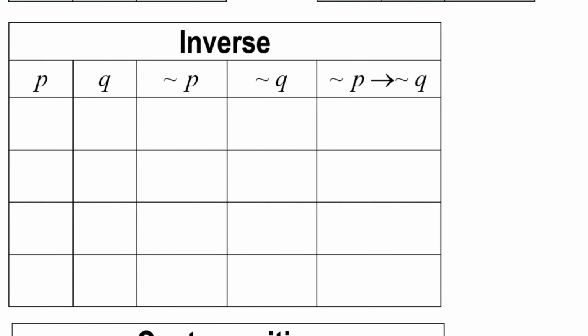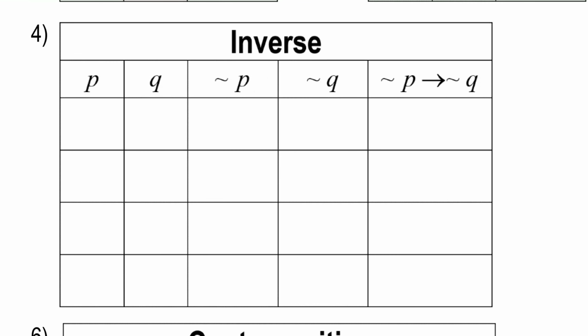Alright, moving back. Now we have inverse. So I start off the same way. True, true, true, false, false, true, false, false. Now this symbol, if you remember, means not, or opposite of. So now, not P, so I go through P. I'm looking at this column right here, and I just flip the value.